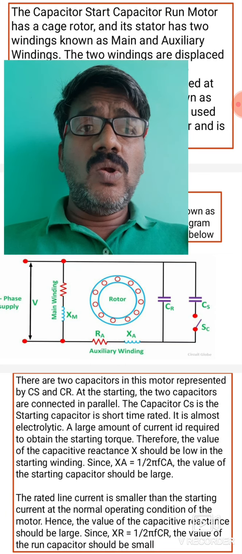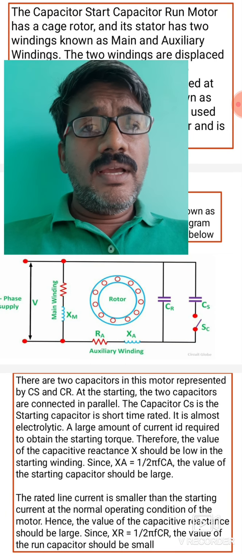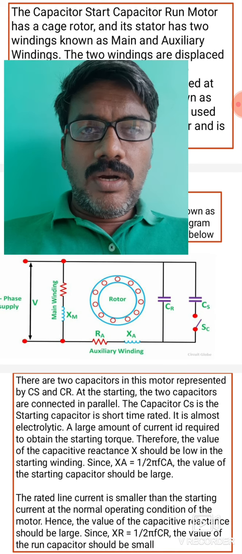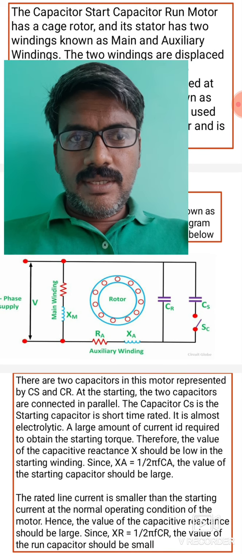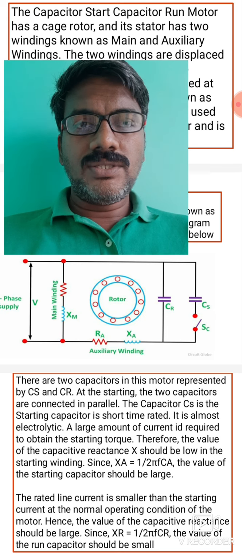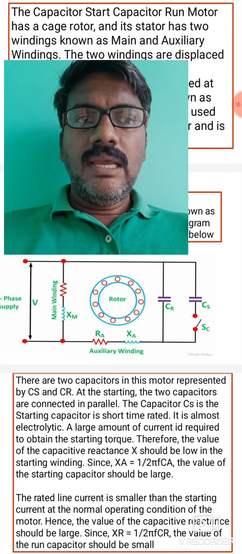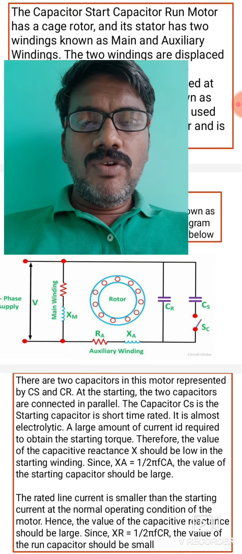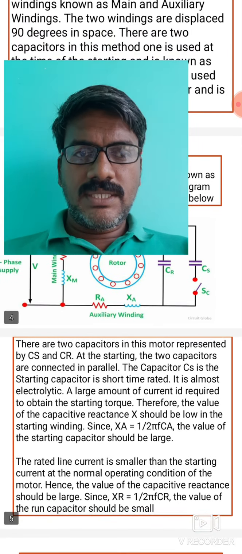Because of that we get low starting torque and low running torque also. But I want high starting torque and high running torque. At starting I require high torque, in running I require normal torque. So that's why we use two different values of capacitors.